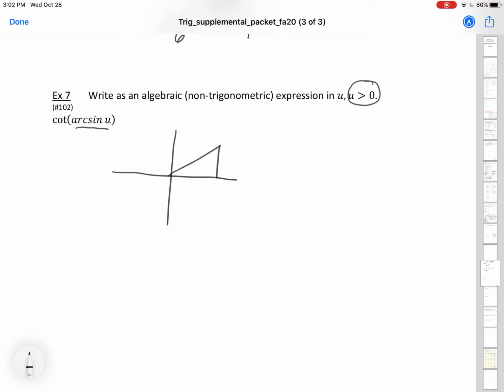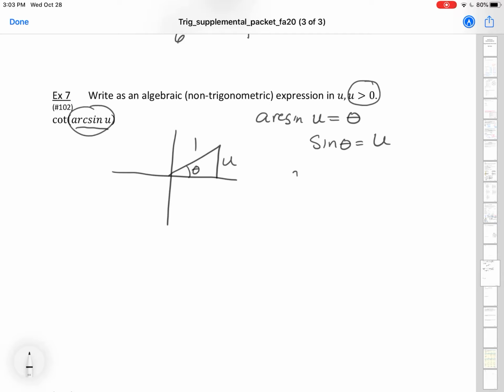And what we know is arcsine of u is some angle theta. So we'll name this angle theta. And so what we know is the sine of theta is equal to u. Well, we know sine is opposite over hypotenuse. We need to get the cotangent. So we're wanting to get the cotangent of this angle, right?